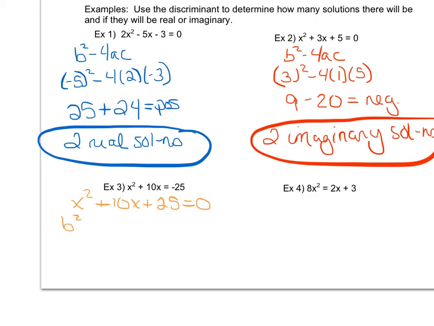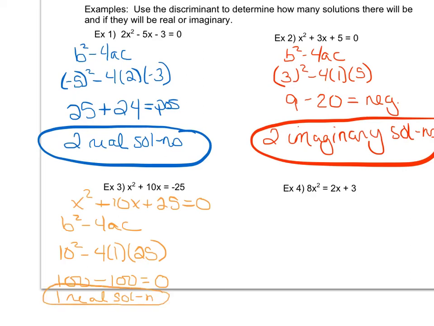Now I can use my discriminant, because just like when I solve quadratic equations and when I use the quadratic formula, I have to be in standard form first. Ax squared plus bx plus c, and I'm going to go ahead and say b squared minus 4 times a times c. Well, that's going to give me 100 minus 100, which is 0. So I'm going to have 1 real solution.